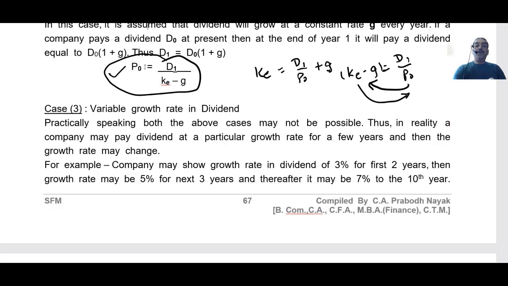Acha, now suppose in the problem we are given the dividend at present. This is important. Dividend at present.